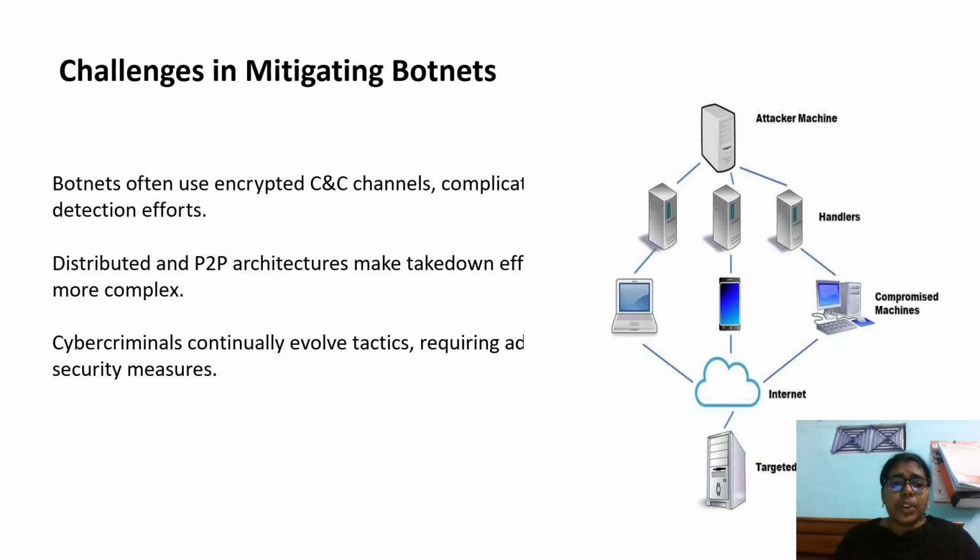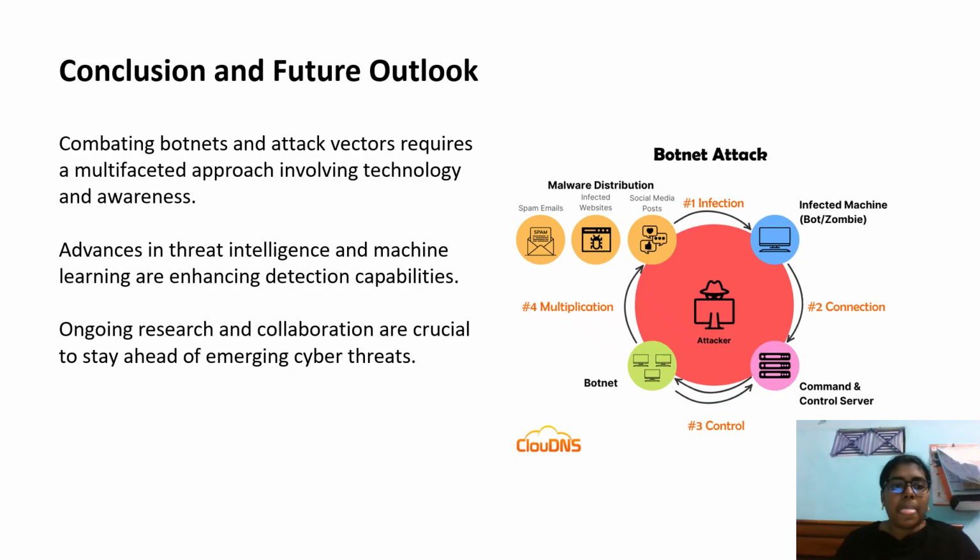Challenges in mitigating botnets. Botnets often encrypt C&C, meaning command and control channels, to complicate detection efforts. Distributed peer-to-peer architectures make takedown more difficult and more complex. Cybercriminals continually evolve tactics, requiring adaptable security measures.